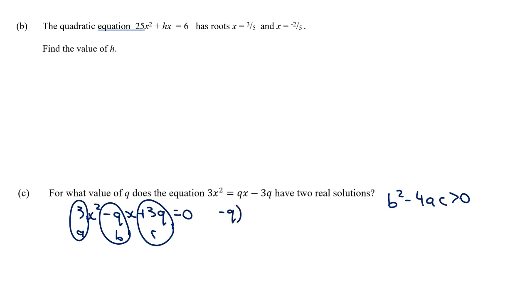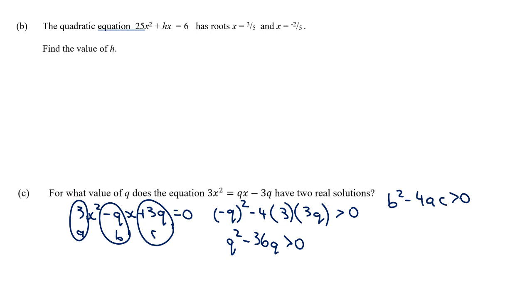That's minus q squared minus 4 lots of A, which is 3, lots of C, which is 3q. Happy with that? That there has to be greater than 0. That's now going to be q squared minus 36q has to be greater than 0.